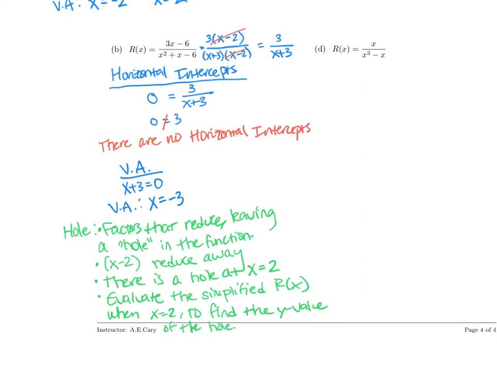So I'm going to come off here to the side, and we're going to say, okay, r of 2, if I plug 2 into my new equation, I get 3 over 2 plus 3, giving me 3/5. So when I ask you, hey, is there a hole in this equation? You can say yes. At the point 2, 3/5. So your hole is an actual point. I need you to find the y value and write that as a point.